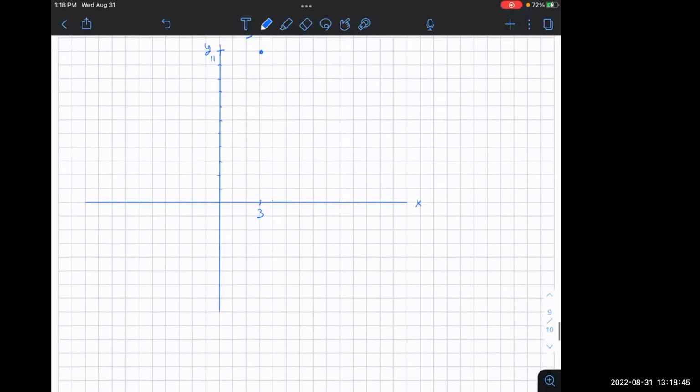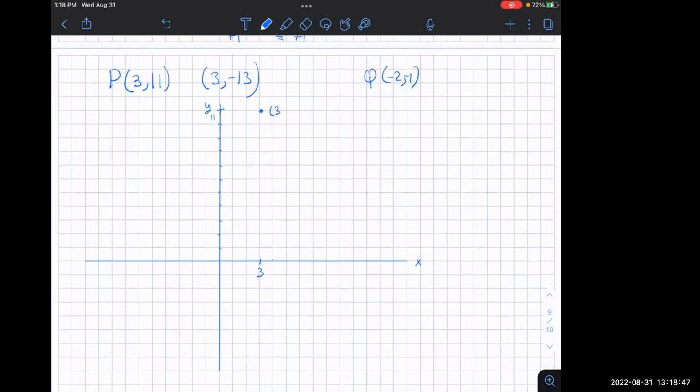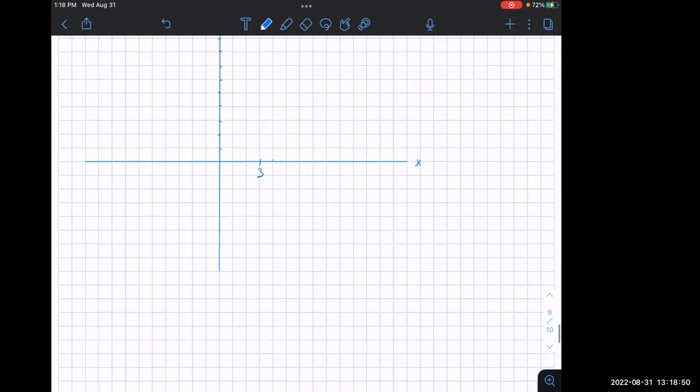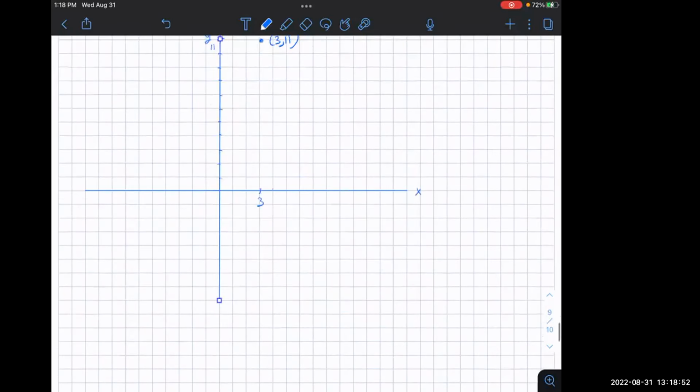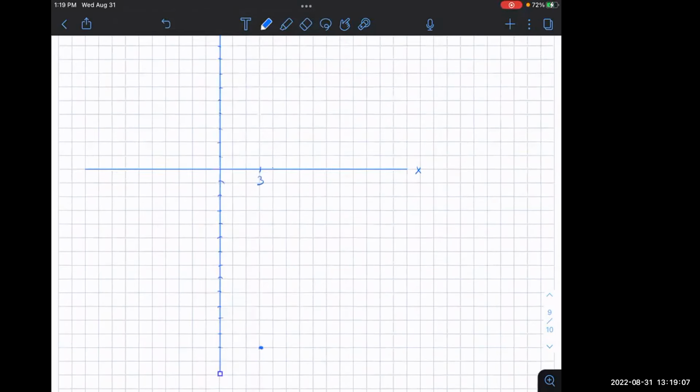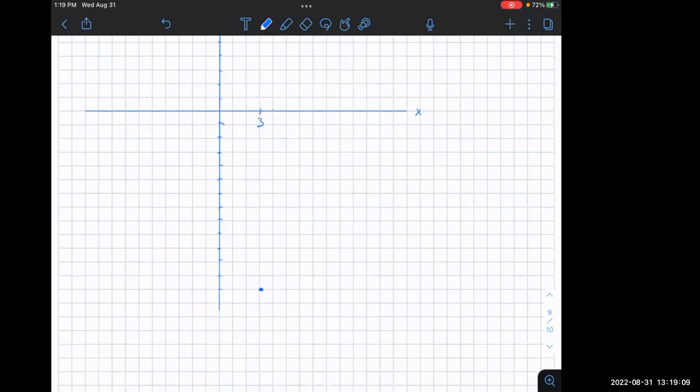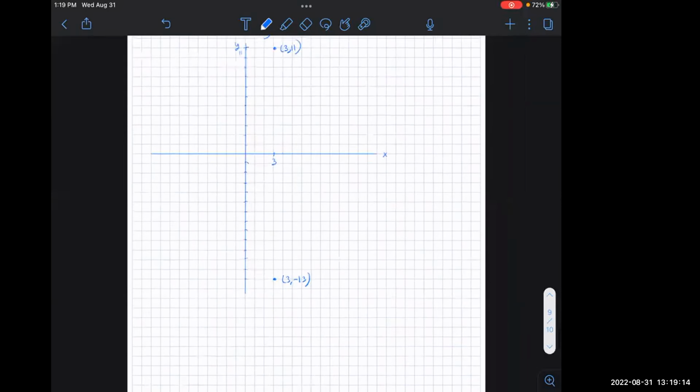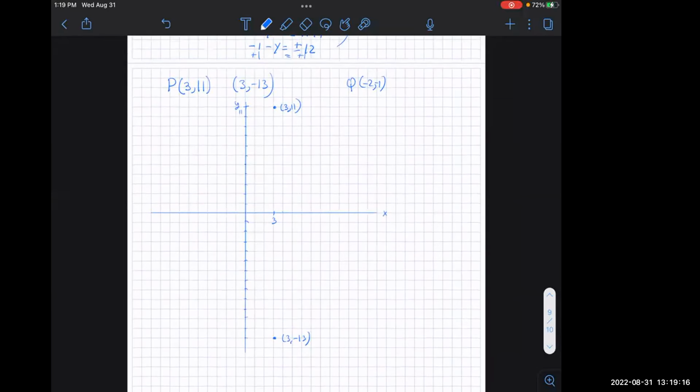And (3, -13). So we have 1, 2, 3, ... 7, 8, 9, 10, 11, 12, 13, -13. So we're saying that these two points are 13 units away from (-2, -1).